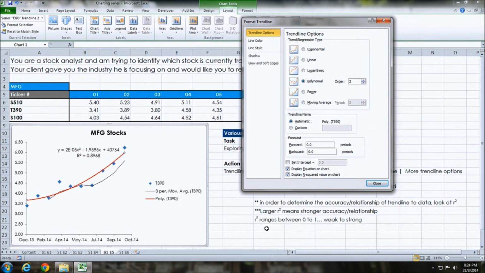So R squared is a very good measure of the strength of the relationship. R squared ranges between 0 to 1, where 0 is weak and 1 is strong. Over here you will realize that R squared is 0.89, which is a relatively strong R squared, I would say. But if you notice, if you increase the order, which means to increase the number of data points used in the equation, the R squared actually increases, right?